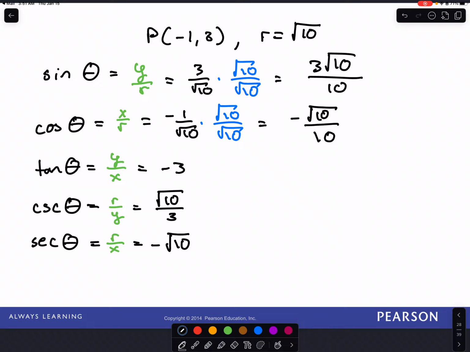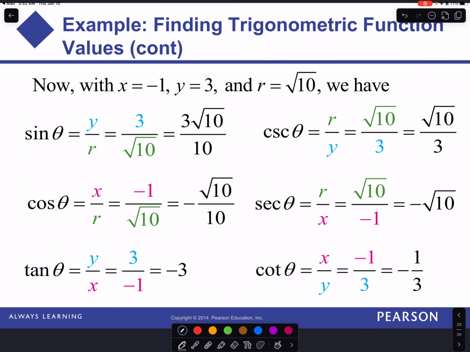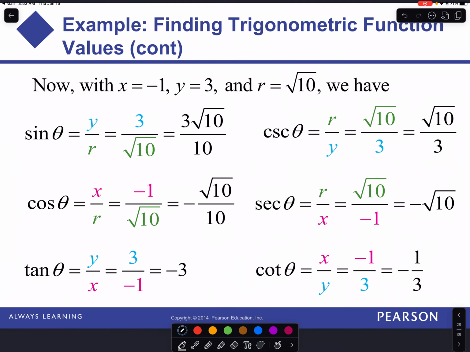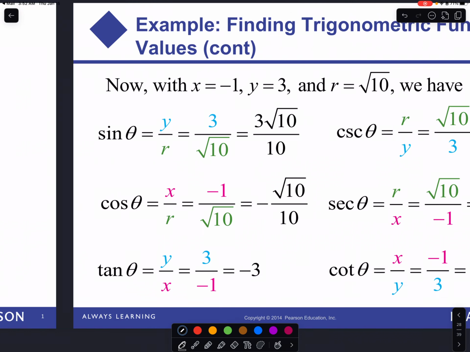And then cotan of theta is going to be X over Y. -1 over 3. Okay. So let's see, how do we do? 3 root 10 over 10, negative root 10 over 10, -3, root 10 over 3, negative root 10, and -1/3.